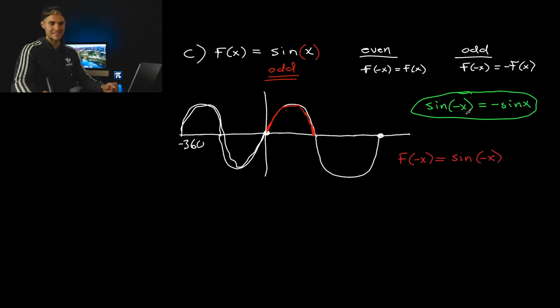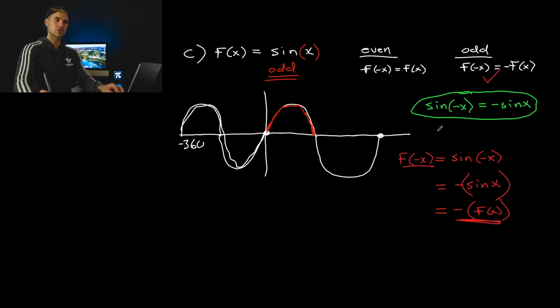And then using this identity here, notice that sine of negative x, which is what we have after we plugged in the negative x, is equal to negative sine of x. Well, that's the same as negative the original function, f of x, because the original function was this sine x. And so f of negative x is equal to negative f of x from this identity. And so this property holds.